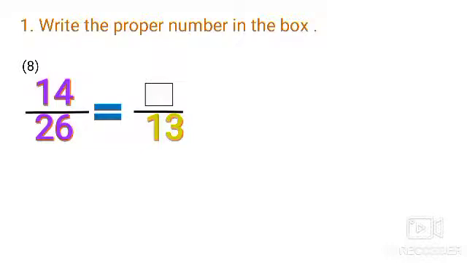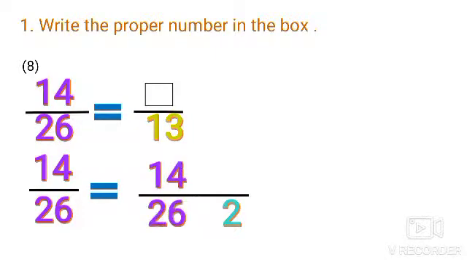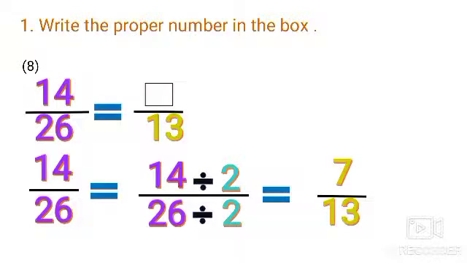That means bigger to smaller. You have to find a division. That means you have to do the division process here. Quickly see, everyone. Yeah, you got the answer as 7.